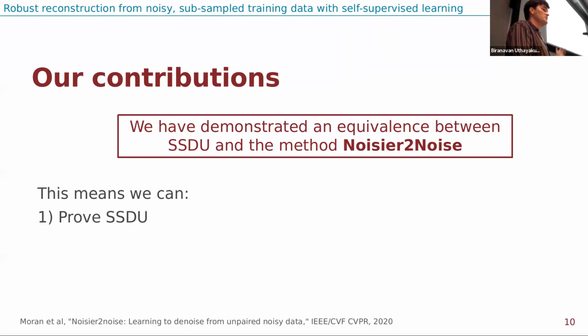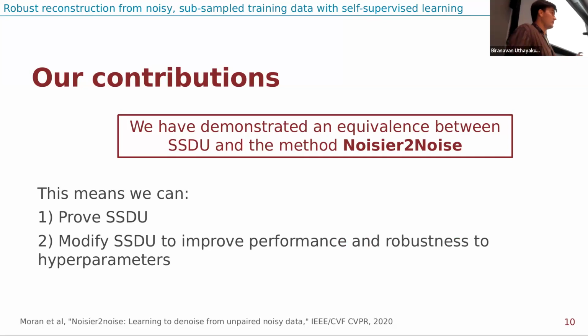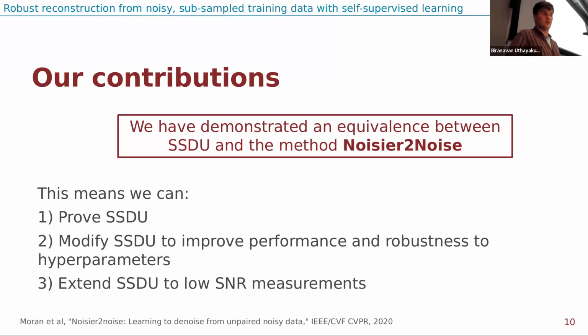For the first time, we can show that SSDU does actually recover the clean image. Secondly, it suggests a number of modifications to SSDU, which we find significantly improves its performance and also robustness to hyperparameters. Finally, we'll talk a little bit about how this leads to a natural extension of SSDU that means it's able to deal with low SNR measurements.